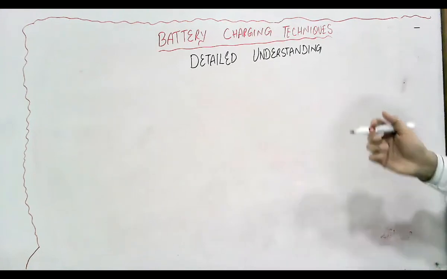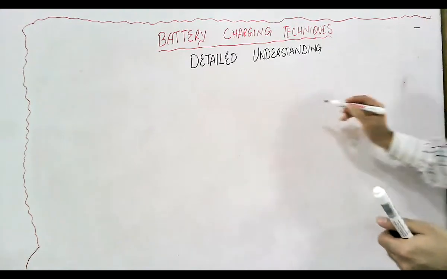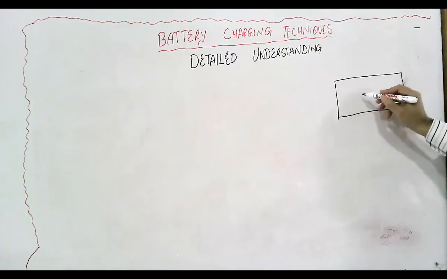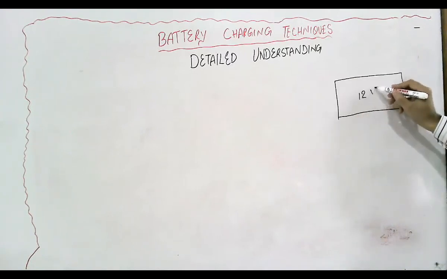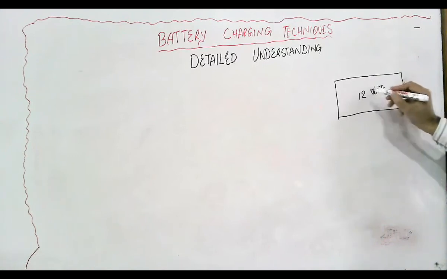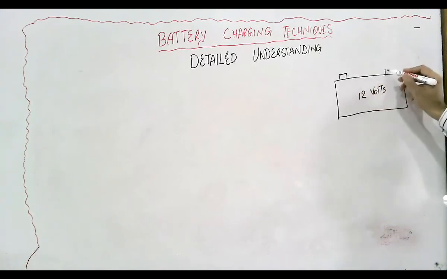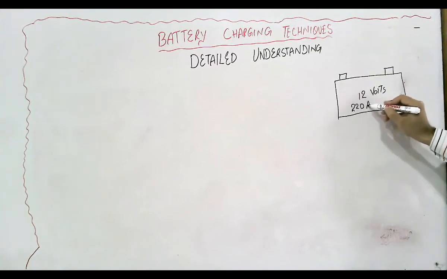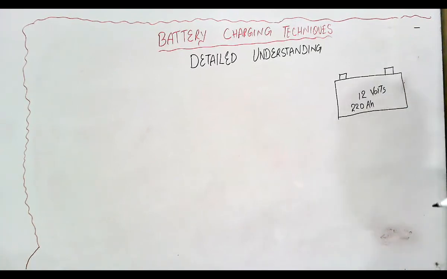Okay, so let's say that we have a battery which is rated as a 12 volts battery, and this is around 220 ampere hour battery.